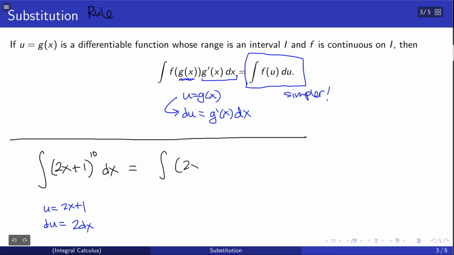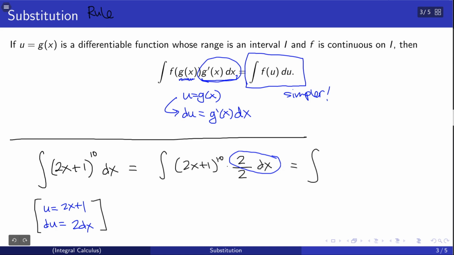So why don't we go ahead and multiply by 2 and divide by 2 at the same time, so that we don't change whatever the integral is, essentially forcing your integrand to have that g'(x) dx term, thus allowing us to make this exact substitution by taking 2x plus 1 and writing it as simply u. 2 times dx now becomes just du. And you still have that 2 in the denominator here, so we're multiplying by 1/2.